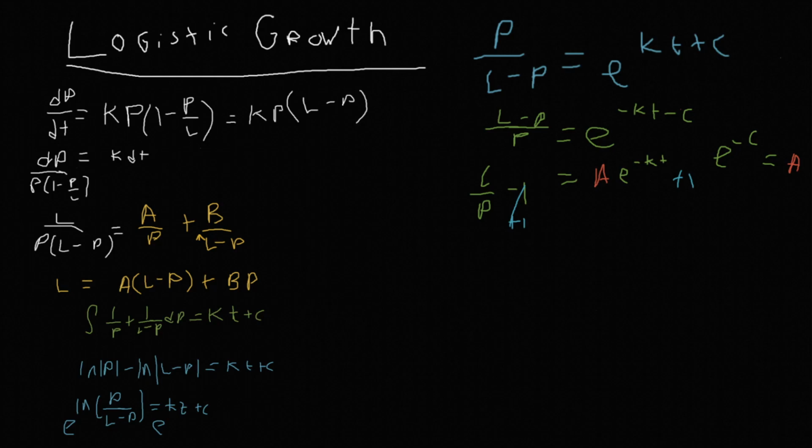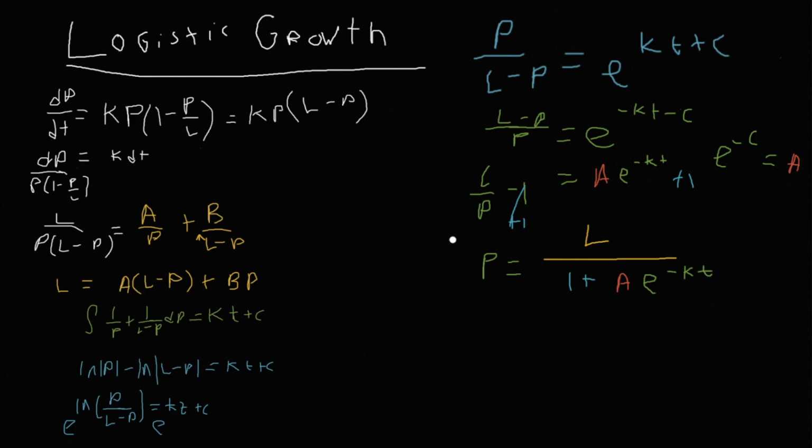So now we have P is equal to L over 1 plus a, which is just a constant, e to the negative kt.